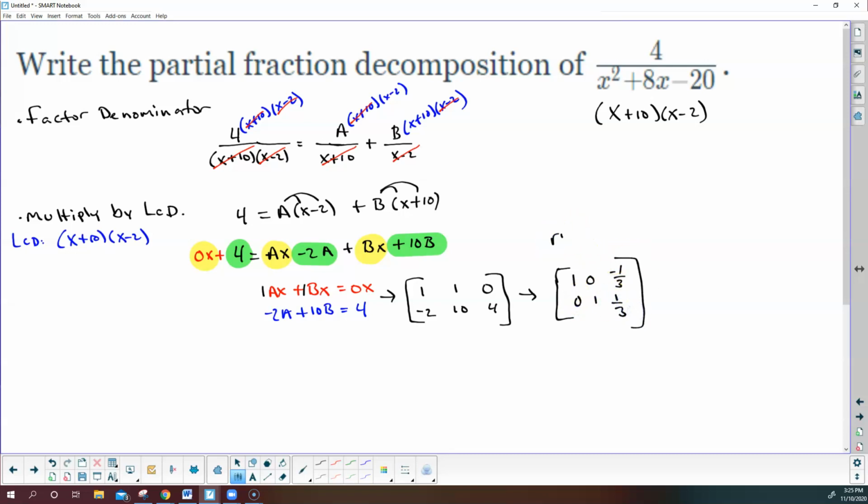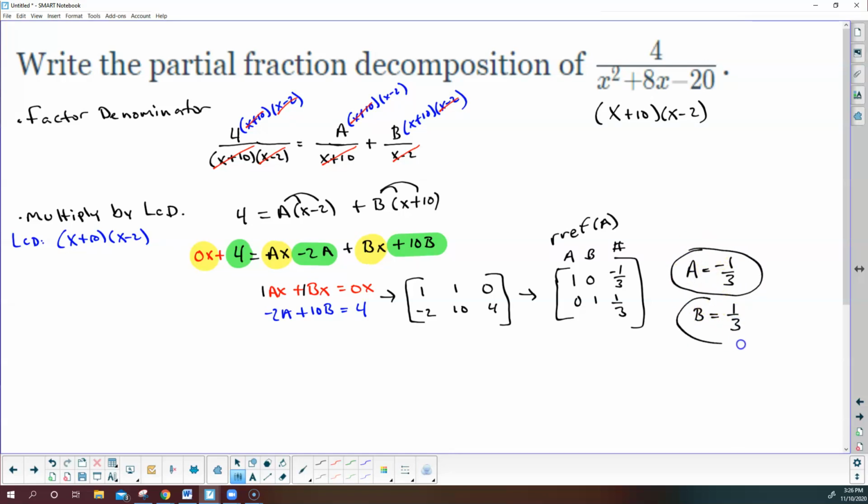That tells us our 2 answers. That tells us what is A, what is B, and what is the number. So I'm going to read this: 1A is equal to negative 1/3 and 1B is equal to 1/3.